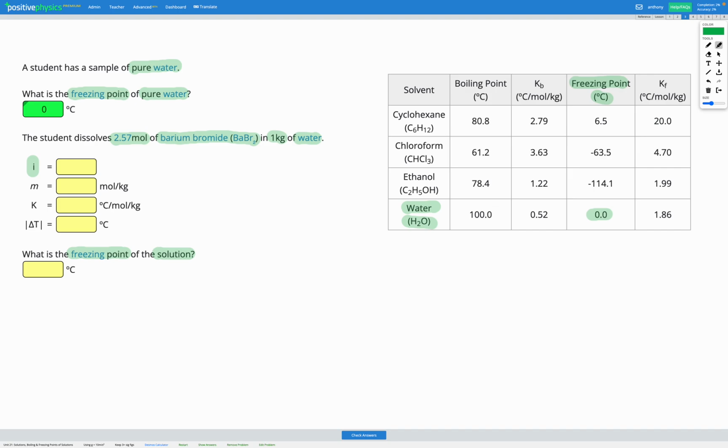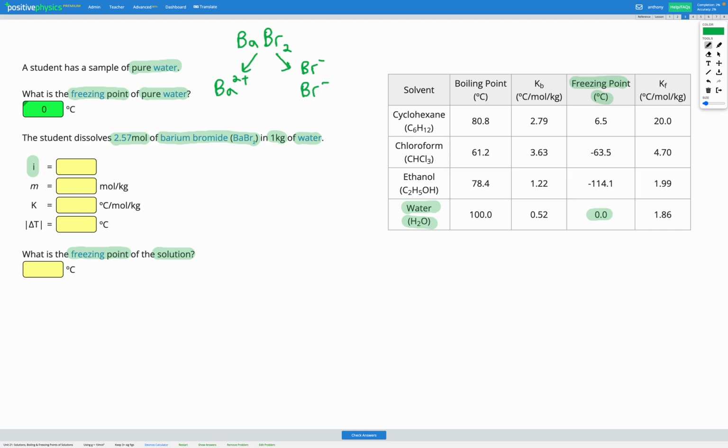i is the Van't Hoff factor. The Van't Hoff factor tells us how many particles of solute we end up with in our solution based on one formula unit of it being dissolved. So in this question, we have BaBr2, our ionic compound. When this dissolves, we end up with 1 Ba2+ in solution, and we end up with 2 Br−.